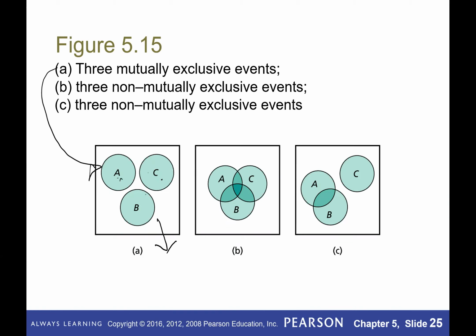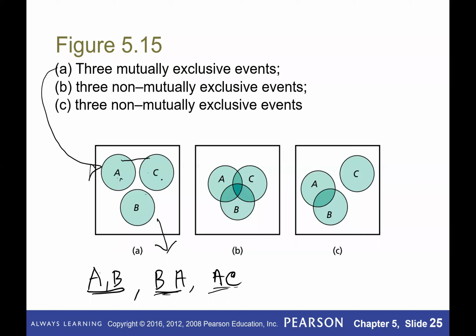So when you have more than two events, you have to consider all pairs to determine mutually exclusive events. You have to consider all pairs. So you have to consider AB, then BA, then AC. If this is mutually exclusive, this one is also mutually exclusive, this one is also mutually exclusive, then you can say A, B, C are mutually exclusive.